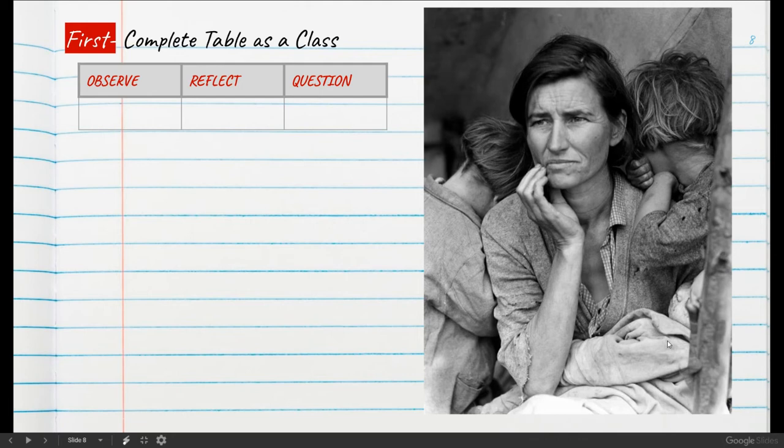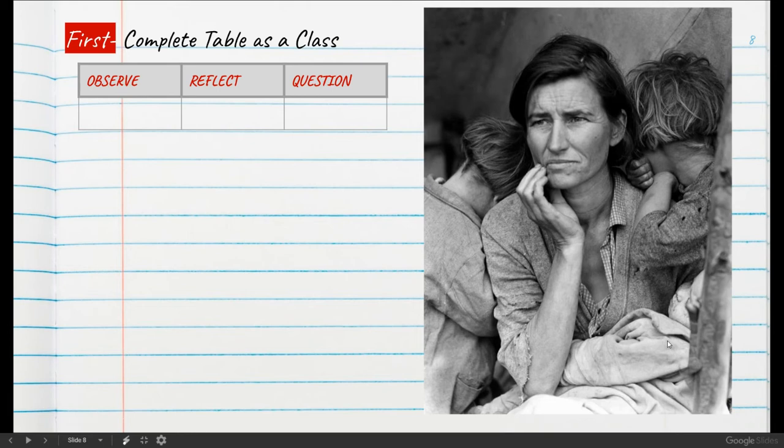I'm thinking what's happening is they're somewhere and maybe they're outside. So maybe they don't have anywhere to go. That's why she's looking out and the kids are kind of on her and she's holding the baby in her hand. Maybe they're outside with nowhere to go.